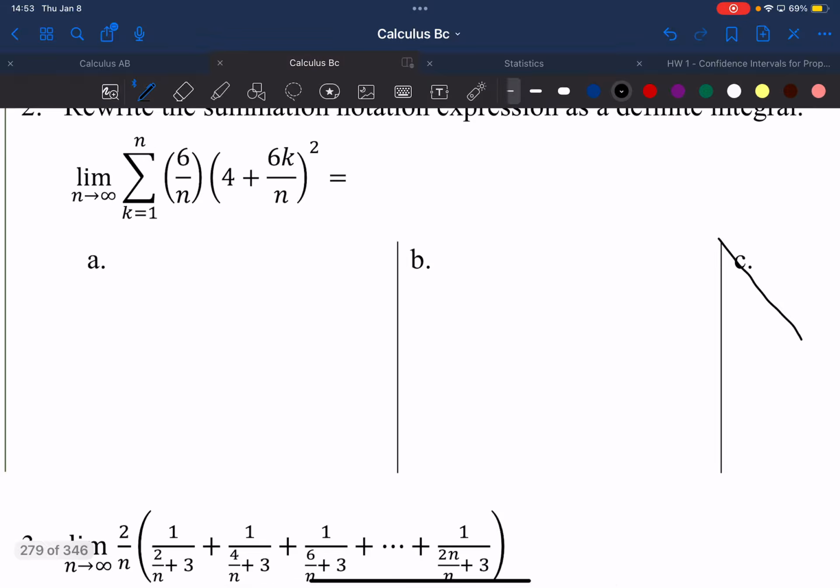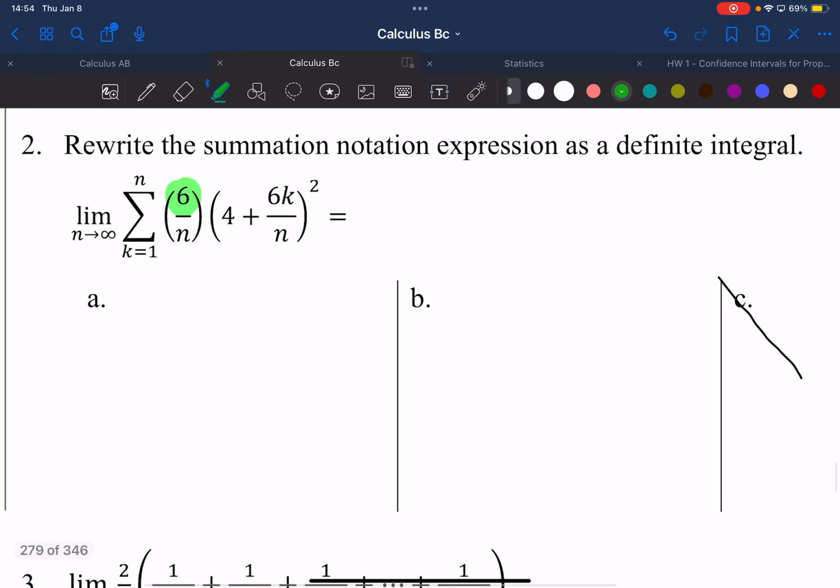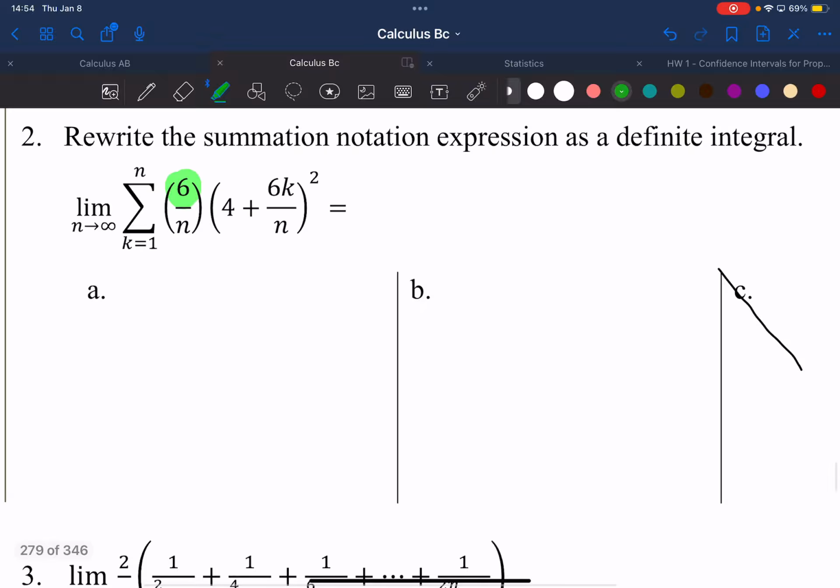So here we have the limit as n is approaching infinity of the summation of k equals 1 to n. And then we have this first part here. This is the first important part. Remember, that part of the formula is b minus a. So that 6 right there is telling us that we have an interval that contains a distance of 6, because we don't know what b is, and we don't necessarily know what a is.